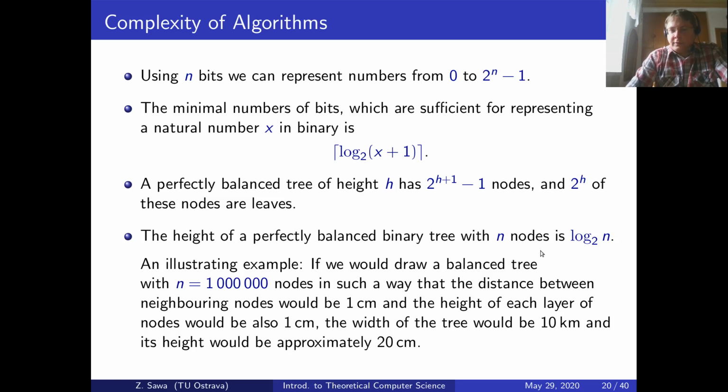If we would, on the other hand, know that we have n nodes and we would like to know what is the height of the tree, it's approximately the logarithm of n with base 2, because n would be equal to 2 to h plus 1 minus 1. So approximately it would be something like this.